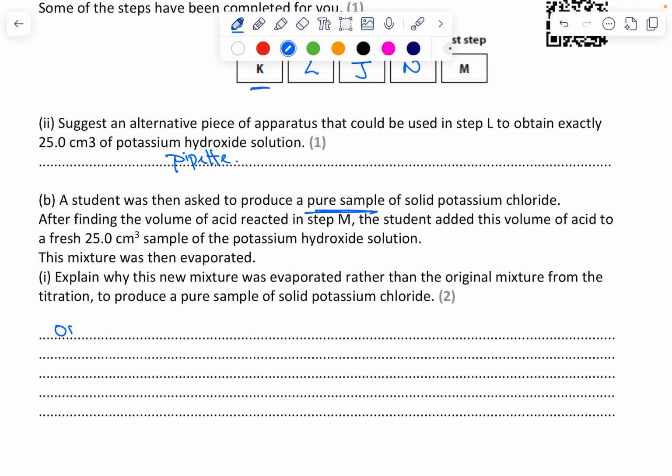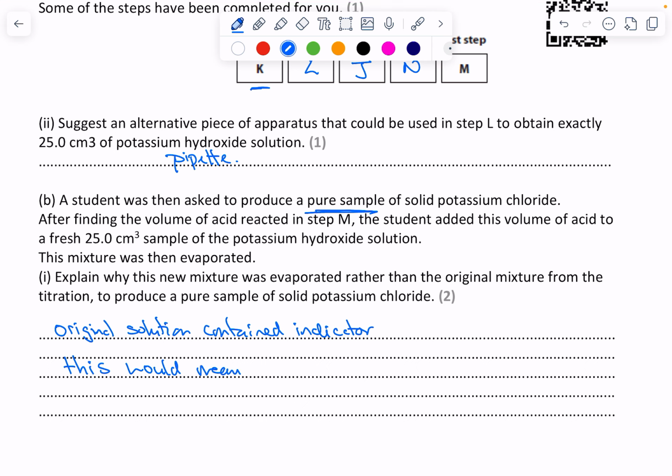So the original mixture contained the indicator. So the original solution contained indicator. And if you evaporated that, then your salt would contain the indicator.